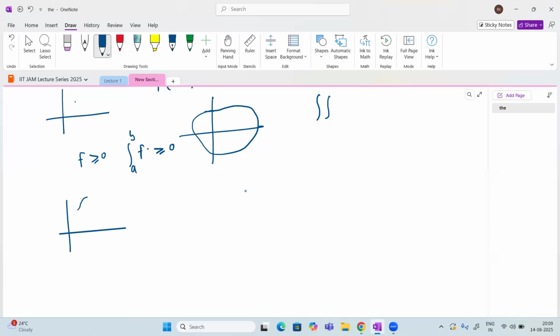Riemann integration gives the area under the curve. But see, when you have a function like this, if you solve the integration, the value of this integral will be positive and the value of this integral will be negative. Getting the point?